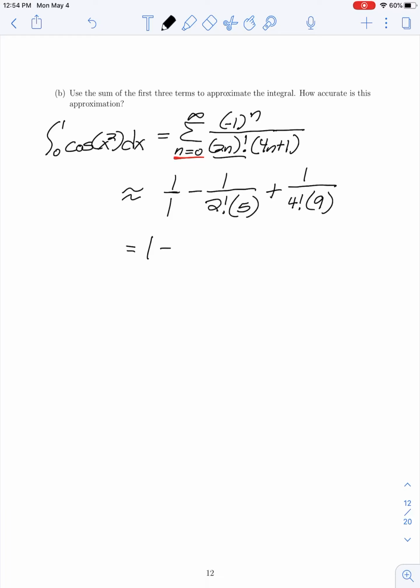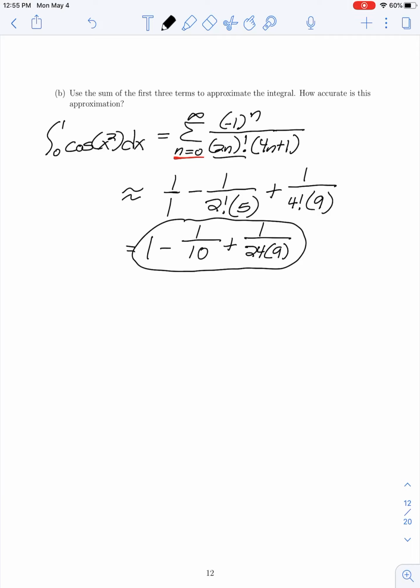If we simplify a little bit, let's write it as 1 minus 1/10 plus 1 over 4 factorial is 24 times 9. So whatever this value, this fraction reduces to, would be an approximation for the value of this definite integral. And then we're asked how accurate this approximation is.